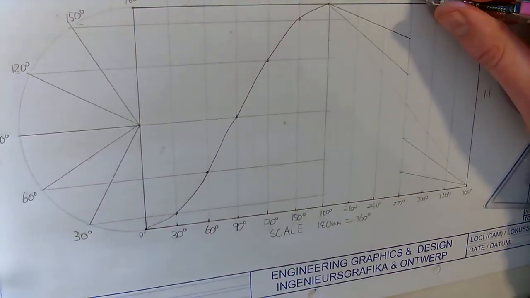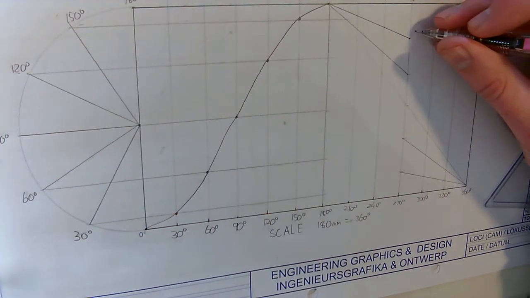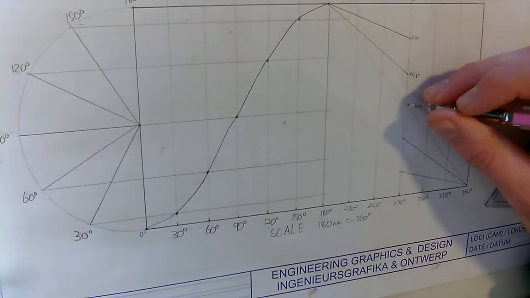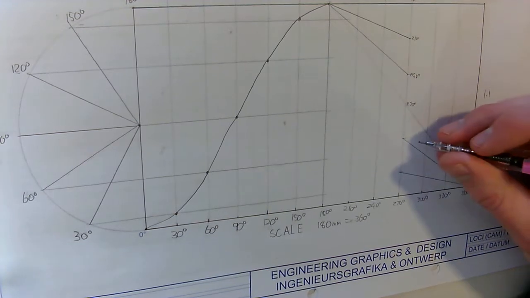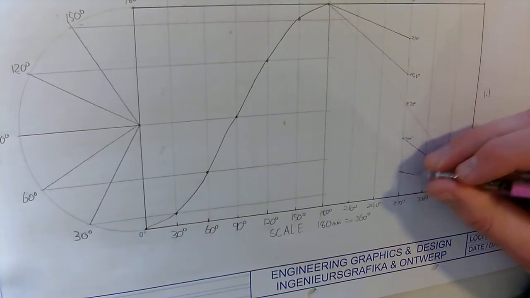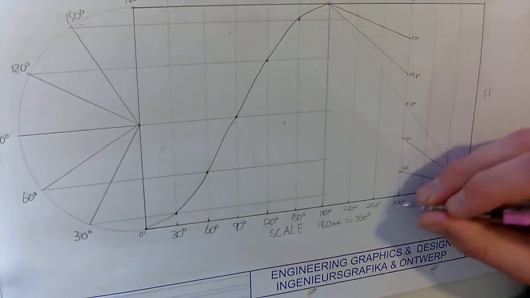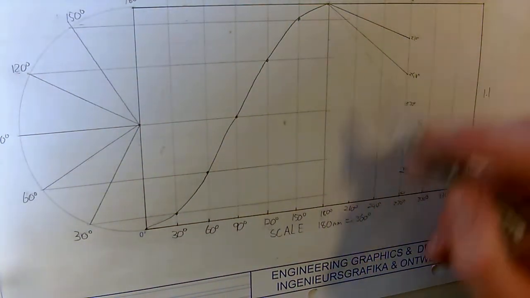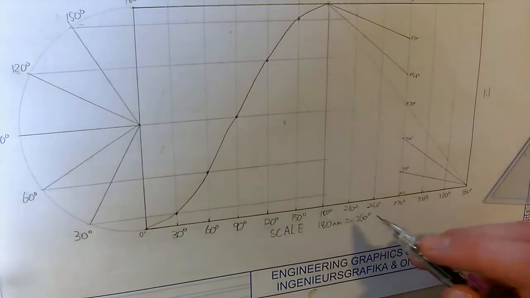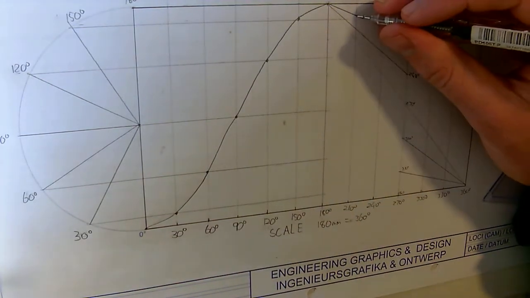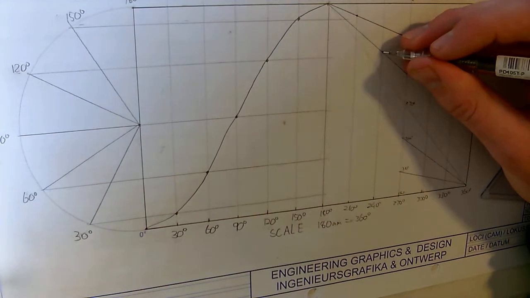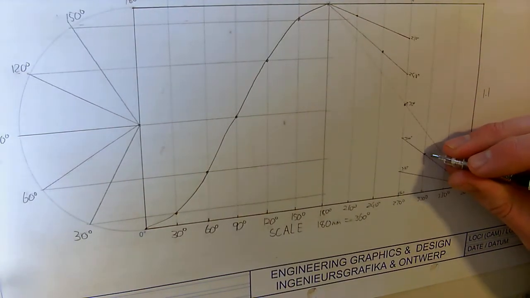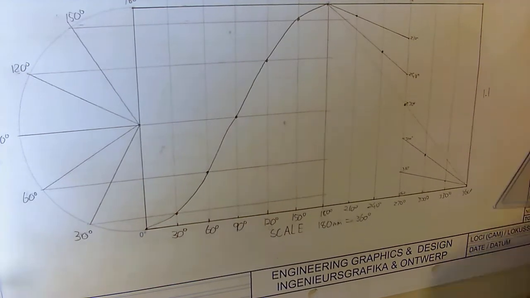This was 180. This is 210, because remember it's going down again. 240, 270, 300, 330, and 360. And then again, where they meet each other, we make a dot there. So 180 and 180 is there. 210 and 210 is here. 240 and 240, 270, 300, 330.